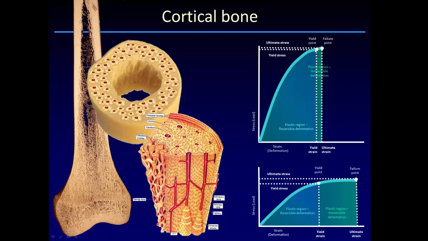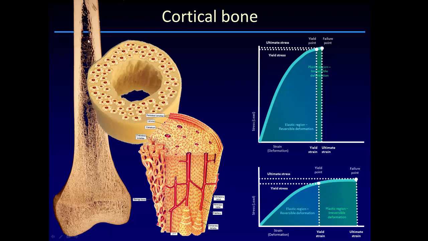It is much stronger in terms of its ability to handle load. So you can put a lot more load on a cortical bone than you can on cancellous bone, but it is stiffer. It is not able to deform as much. So if it's bent, it doesn't tolerate the bending because it doesn't have the capacity to change its shape greatly.